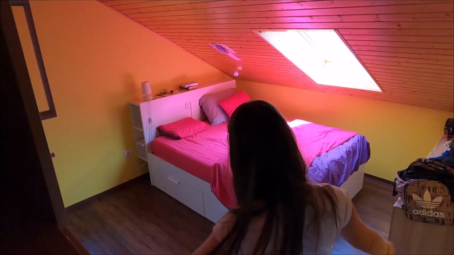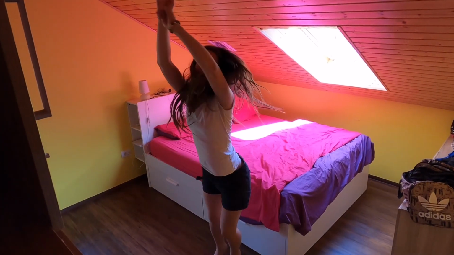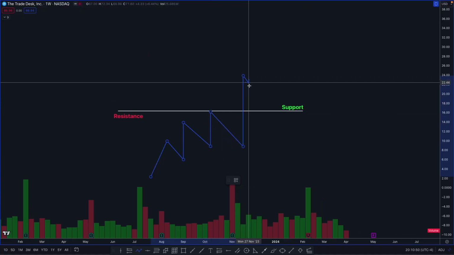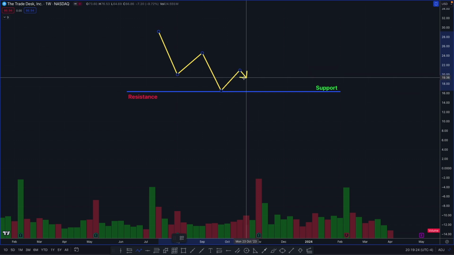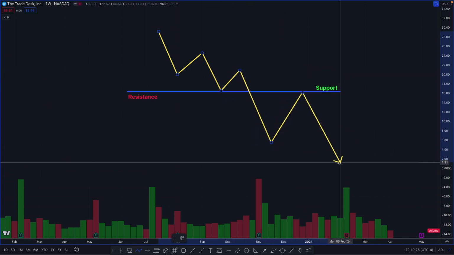Once you're inside of your attic, you're going to stand on a surface, and that surface is your support level. But remember, that was your ceiling. Now, resistance becomes support. Same for support too. Sometimes support becomes resistance.